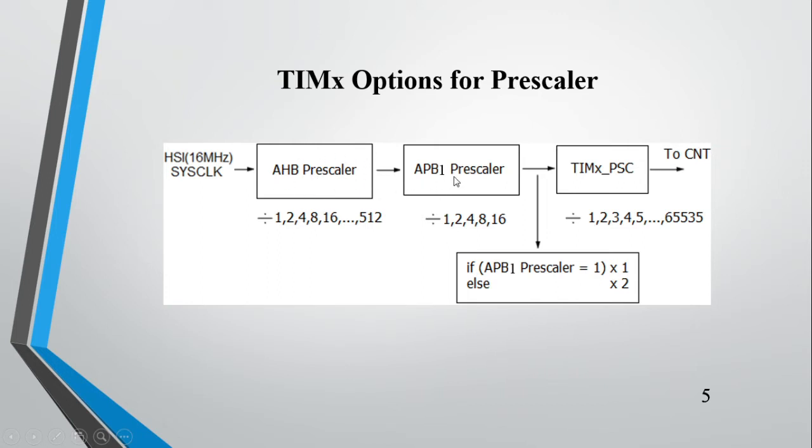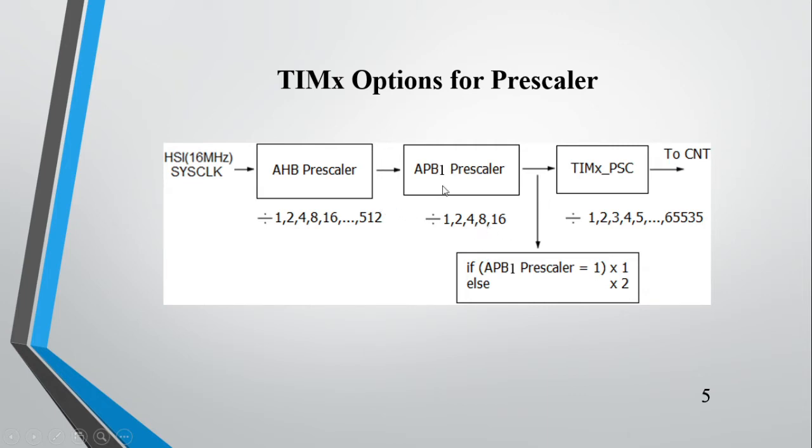But for the APB1 prescaler, you need to keep in mind that for all the other peripherals, the APB1 prescaler can be 1:1, 1:2, etc. up to 16. But for the timer peripheral, the APB1 prescaler can be either 1:1 or 1:2. We cannot have 4, 8 or 16.